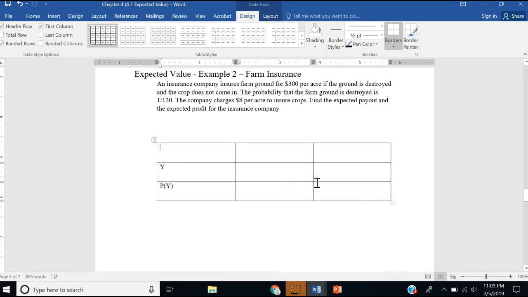A probability distribution lists out all of the possible payouts along with their probabilities. The possible payouts we just saw are $300 or $0. The $300 is if the ground is destroyed.